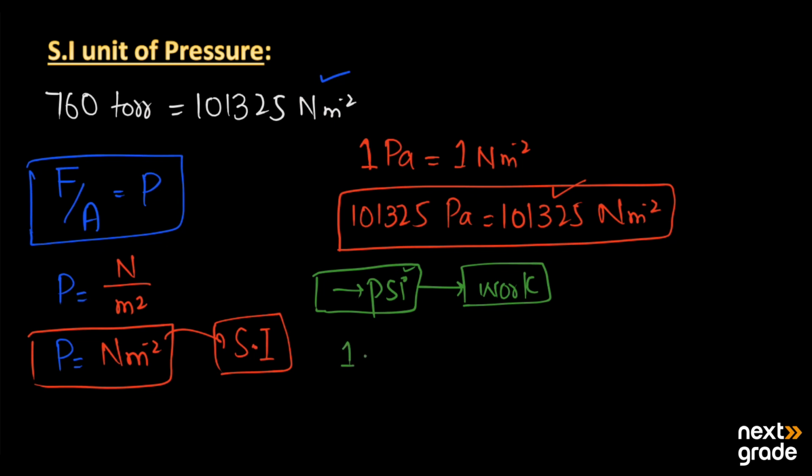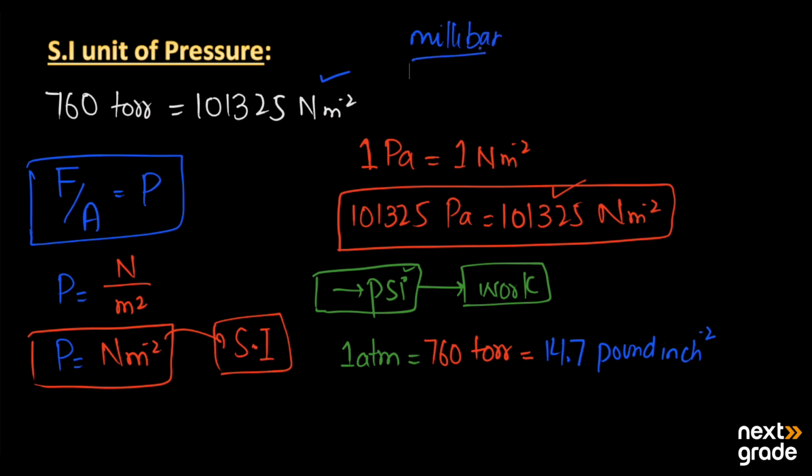If we have 1 atm, then it is equal to 760 torr, and that is equal to 14.7 pounds per square inch. We also have the unit millibar, and it is used only by meteorologists.